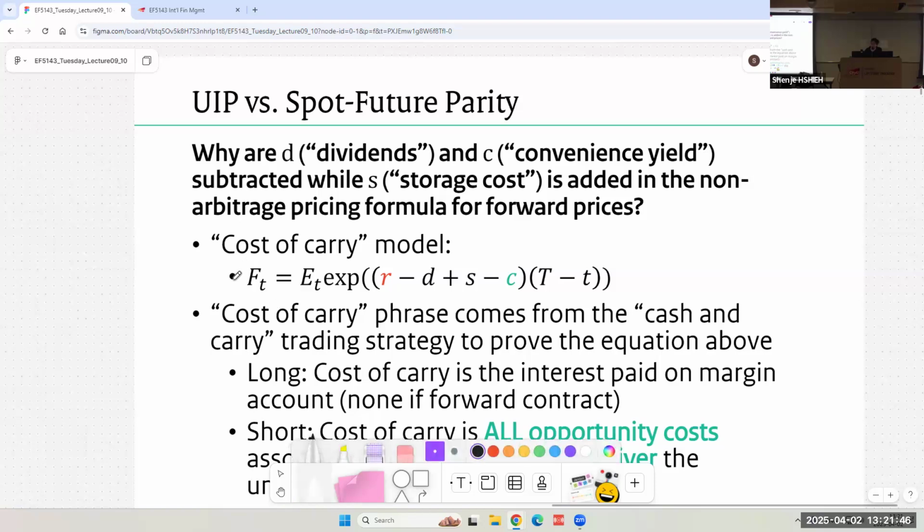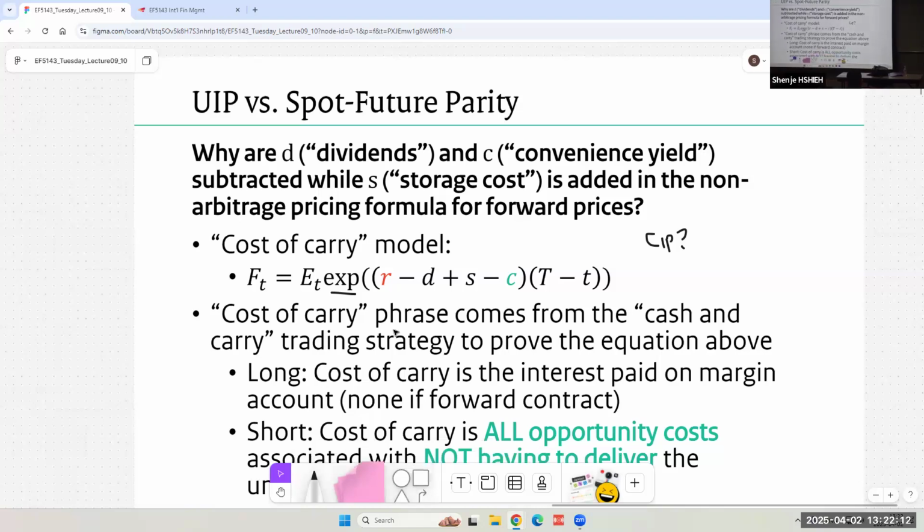It should remind you of the CIP a little bit. The reason it may look different is because everything is expressed as continuous compounding, which is why you see this exponential function. Just know the exponential function is analogous to 1 plus the return, so these variables in the exponent can be interpreted as continuously compounded returns.